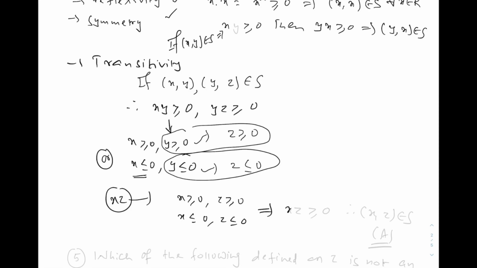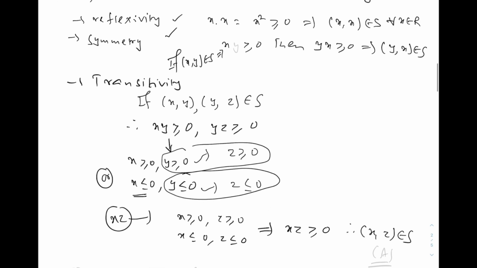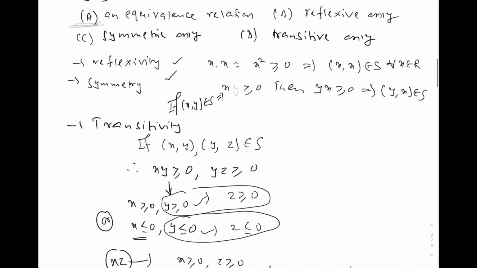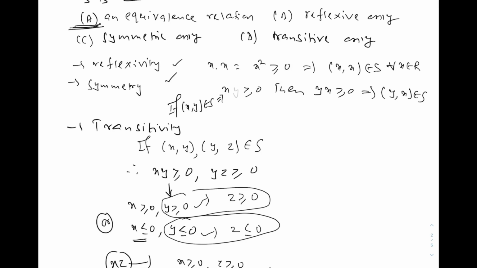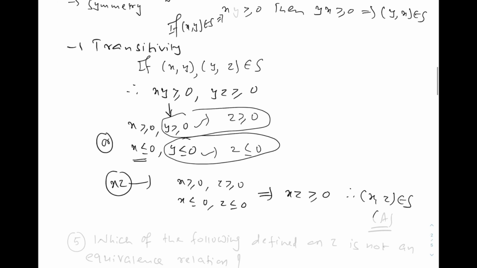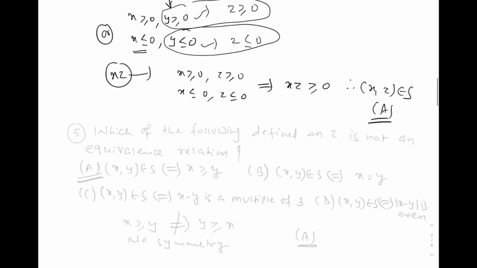So in short, xz is always greater than or equal to 0. That means xz belongs to S. So it satisfies all three: reflexive, symmetric and transitive. So the answer is S is an equivalence relation.